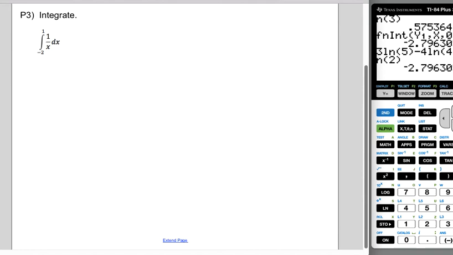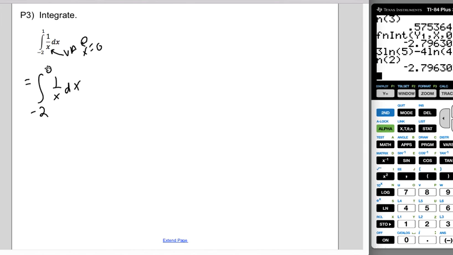All right, so go ahead and try this one. So we're going to do 1 over x, right? Same basic logic. There is a vertical asymptote here at x is 0, right? So essentially, you're going to have to split this into the integral from -2 to 0, but again, there's a vertical asymptote here, so we're going to have a problem, right?